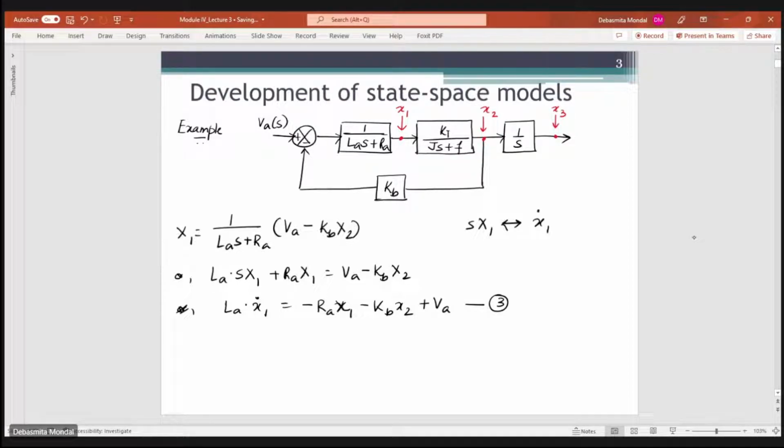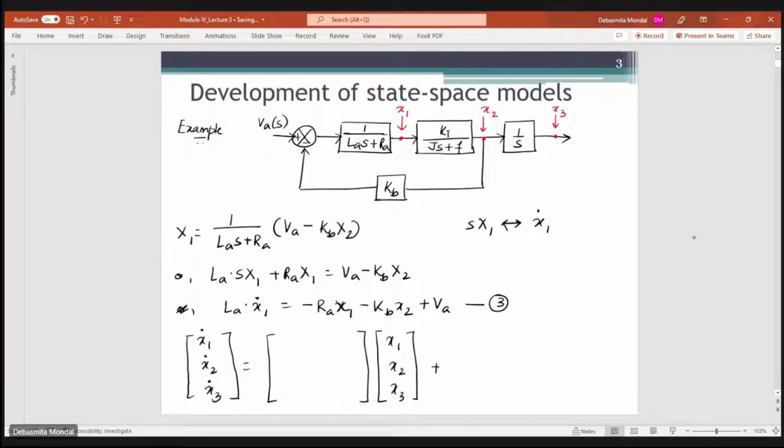So these are the three equations which you can find from the transfer functions in the block diagram that is given. Now we have to write them in vector form. So you will write x1 dot, x2 dot, x3 dot, and form the matrix, with x1, x2, x3 over here, then something multiplied by u.